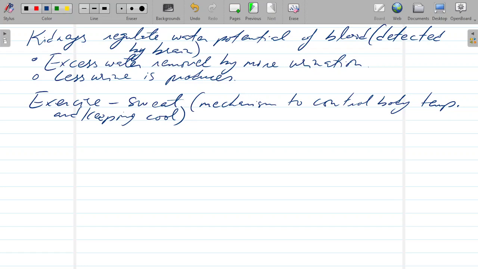Because obviously when you're exercising, your body does get hot, right? A lot of metabolic activity and physical activity going on. So you're losing a lot of water due to sweat. And so you need to hydrate yourself, you need to drink water to maintain your requirement in the body. Otherwise, you will become dehydrated, and that's going to cause problems.